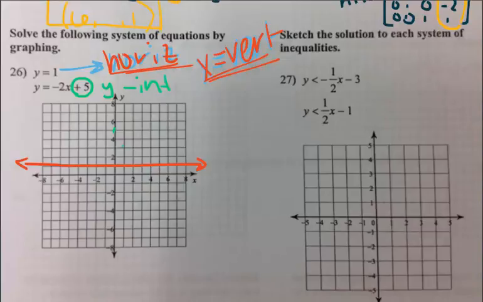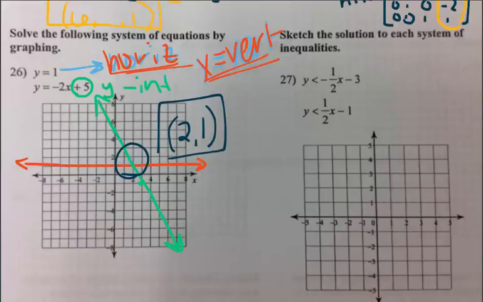So down 2 over 1, down 2 over 1, and we make it cross. We see exactly where they meet, what point they both share. It looks like 2, 1 is the point they share in common.